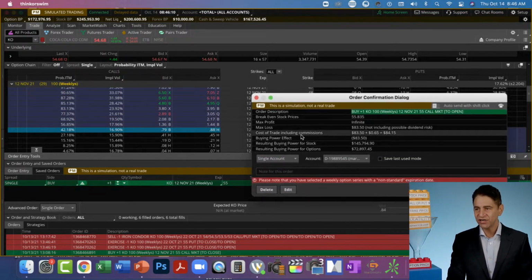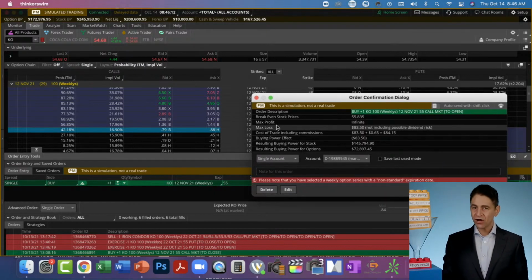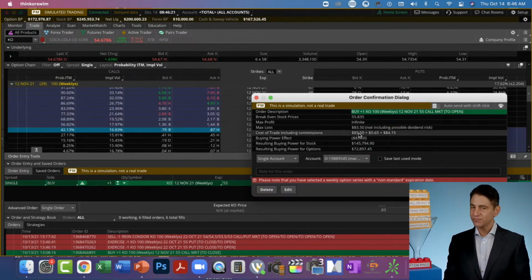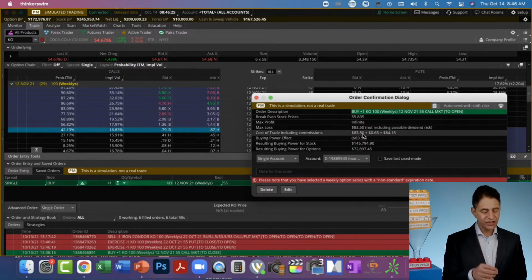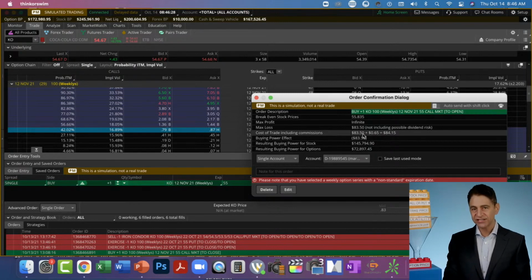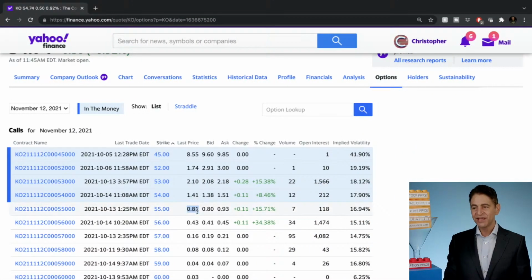Now this is important. Before you ever buy an option, you need to understand the most you can make and the most you can lose. So this option, if I buy it, it looks like I'll get filled, and this is pretend money, at $83.50. Now remember in Yahoo Finance, we looked at the price of this option, and it was 81 cents, last price.